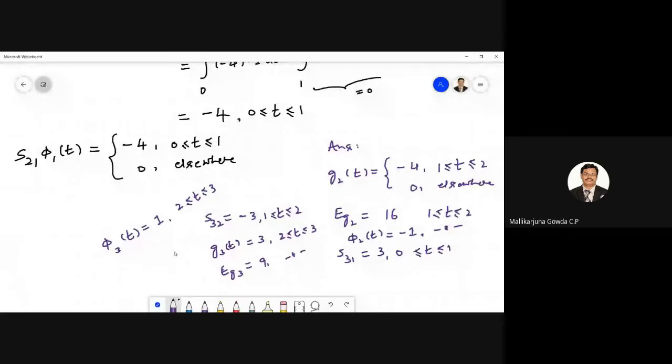Is this clear? And S21 you are finding, then S22 will be equal to 4 over the interval 1 to 2. Then S31, S32, pi 3 of t, and also S33: the value of S33 will be 3 over the interval 2 to 3.